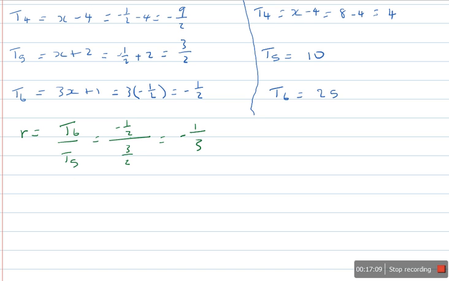More punch negative half divided by 3/2. And on this side as well, we want r, it's going to be T6 over T5. T6 it's 25 over 10. So we're going to have 5/2.